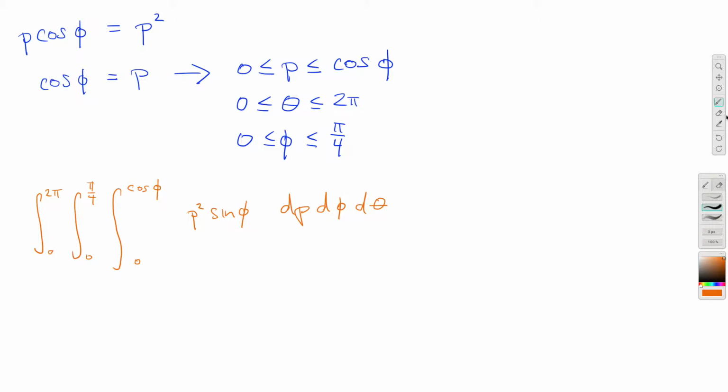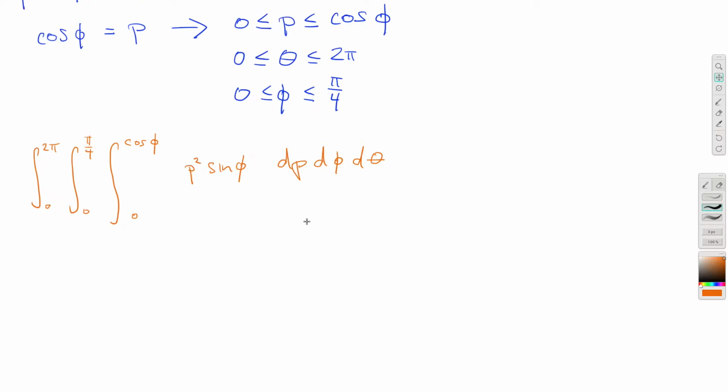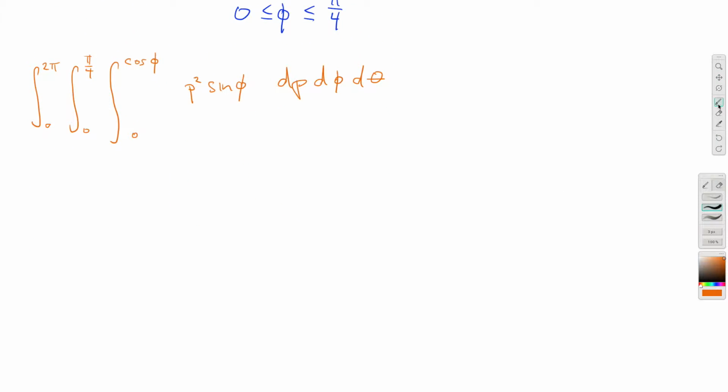My goodness. Alright, now what do we do? We now integrate with respect to, well, first thing, there's no theta in here, so let's just take 2 pi out.